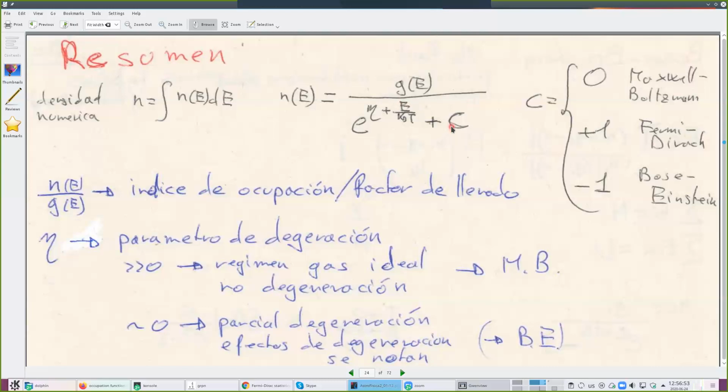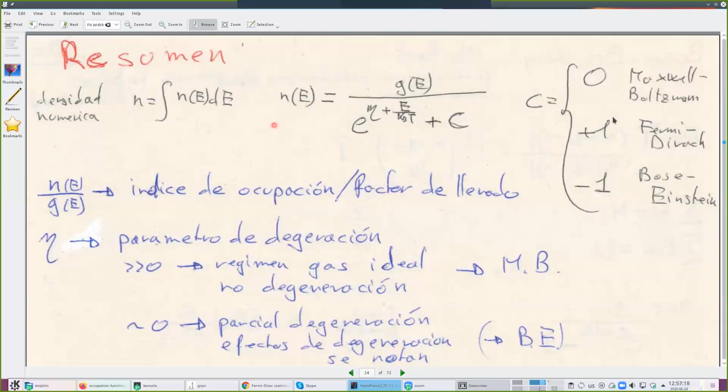Actually, Maxwell-Boltzmann is technically an ideal gas statistics, which means that it's not physical. There is no real physical gas that follows Maxwell-Boltzmann, but it's a good approximation usually for the classical regime.